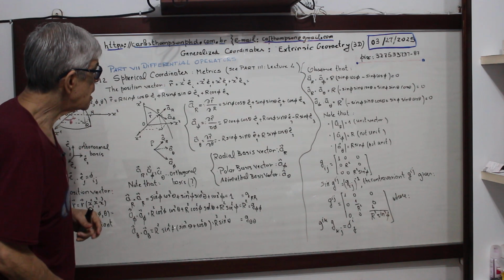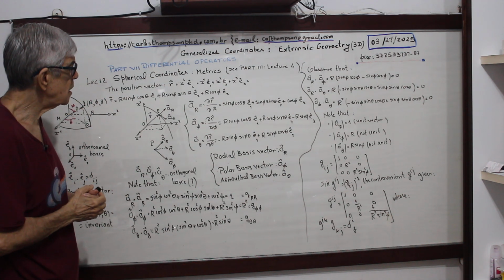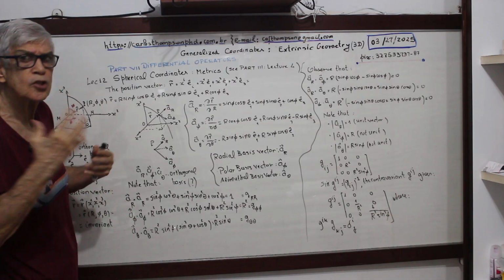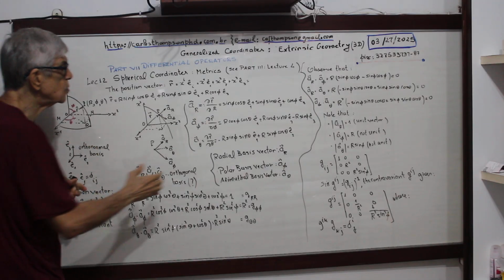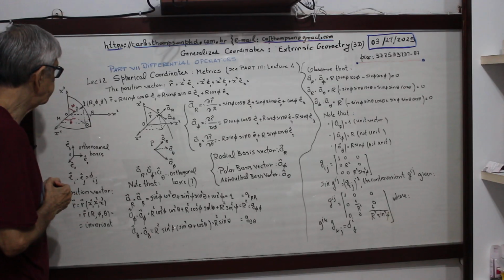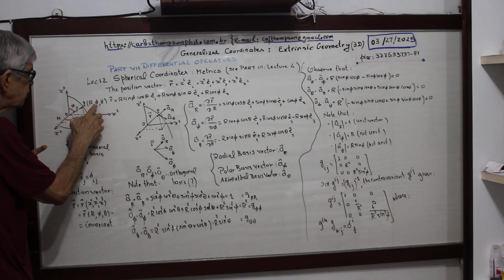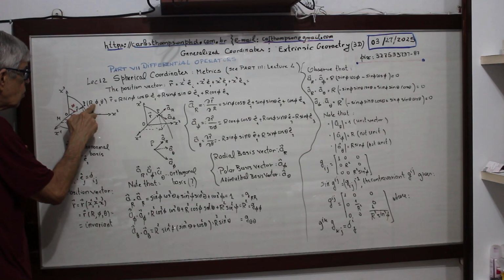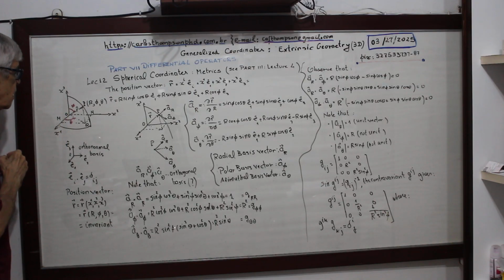There we showed the initial of the spherical coordinates. I advise you to go over there and see that lecture 4, part 3. So, R is the radius, phi is the polar coordinate, and theta is the azimuthal coordinate.